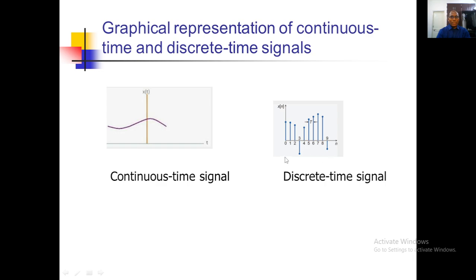But in the case of discrete time signals, signals are defined at discrete values of time, that is, only integral values of time. Similarly here, time is represented by the letter n, and x of n represents the values of the discrete time signal.